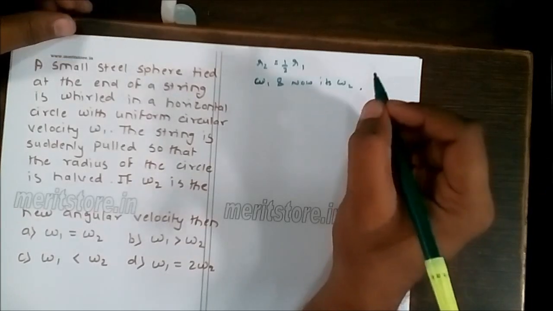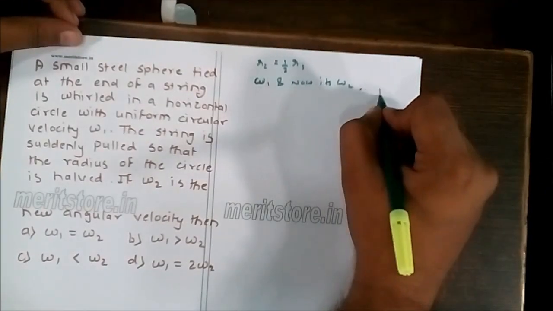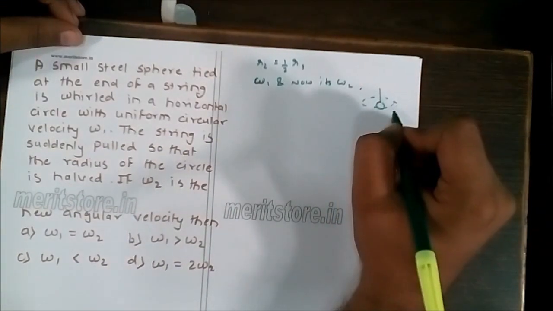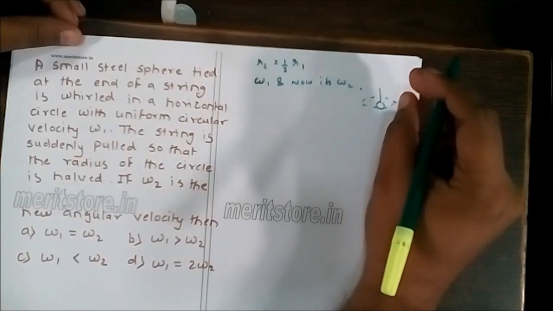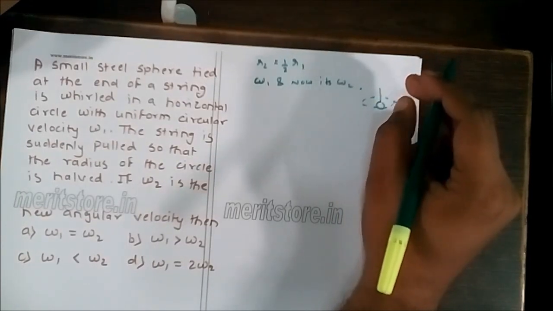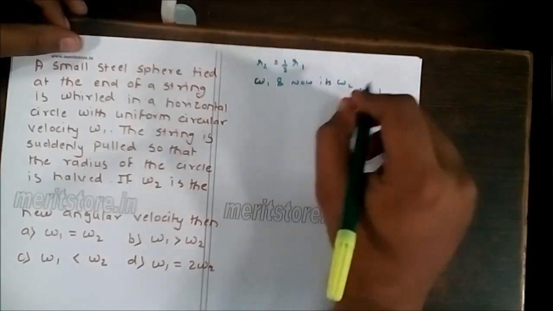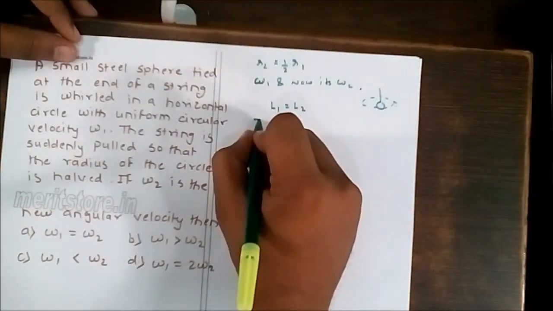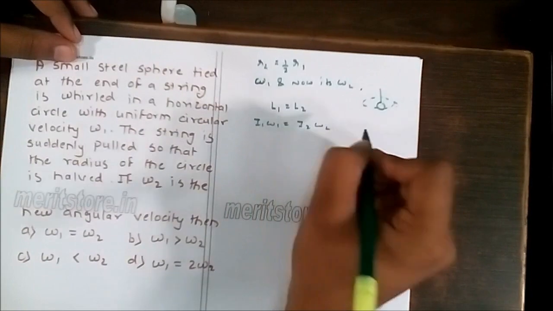Initially the steel sphere is tied at the end of the string and made to whirl. Now when the radius of the string is pulled to half, I would say angular momentum is always conserved. So L1 is equal to L2, that is I1 omega 1 is equal to I2 omega 2.